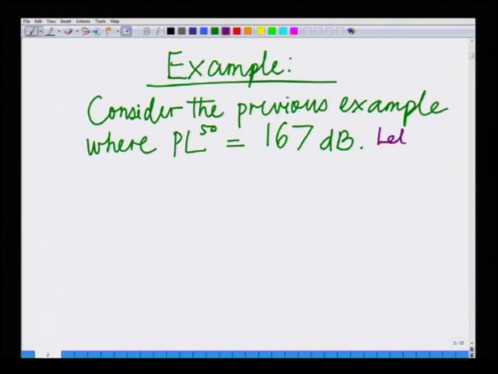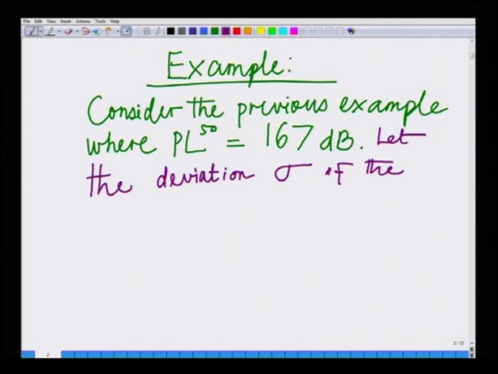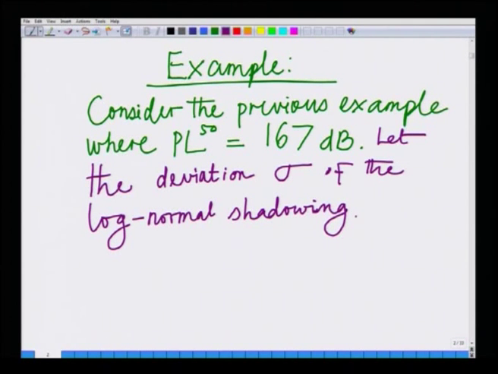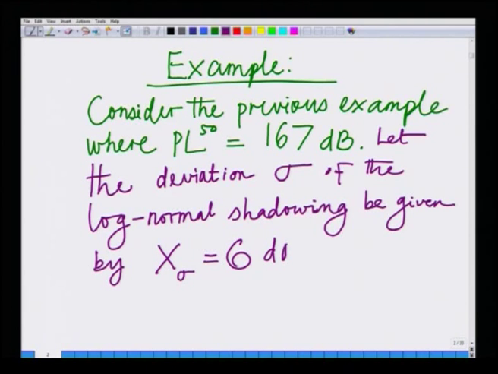Let the deviation sigma of the log normal shadowing be given by x sigma equals 6 dB.